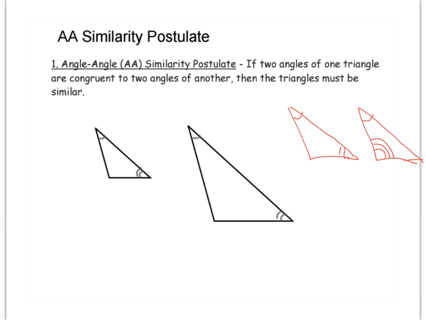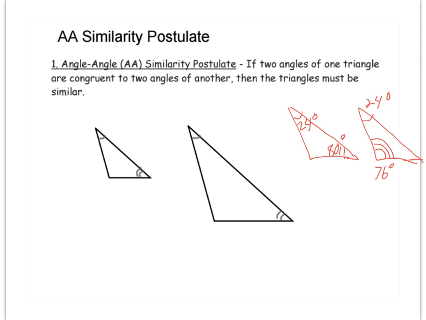Now, if instead of just giving us congruency marks, they were to give us numbers, so that's 24 degrees, and this one's 80 degrees, and they tell this one is 24 degrees, and the other is 76 degrees.